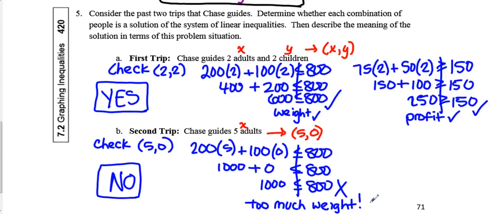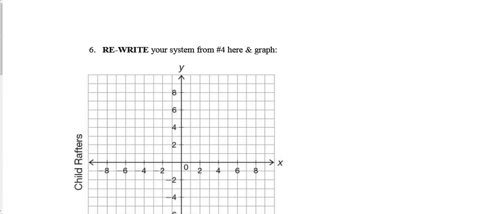So now we have a great understanding of what it means to check real-world values, real-world ordered pairs, in a real-world system. Now let's see what the graph's going to look like. So number 6 says, rewrite your system from number 4 here and graph. So let's rewrite.